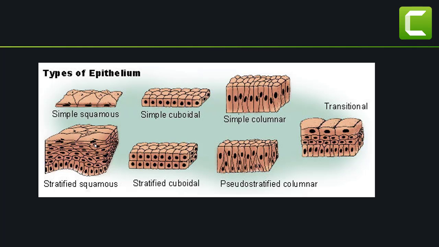The keratinized type covers the whole body surface, like the skin, which covers the whole body with stratified squamous epithelium with keratin. The non-keratinized type is found in the digestive system from the oral cavity to the esophagus, all lined by stratified squamous epithelium non-keratin.